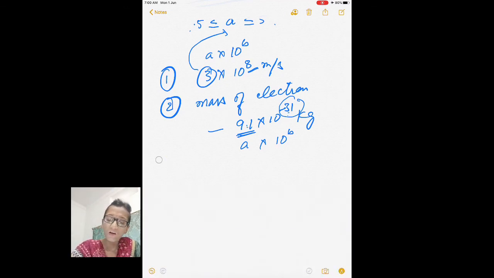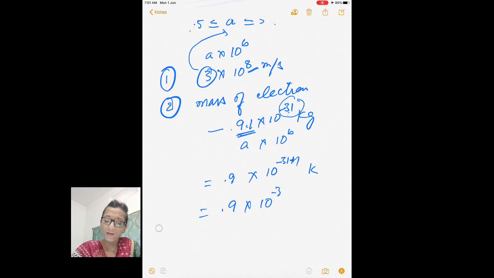Let me take the decimal to the left hand side. So when you reduce the number here by tens, you need to increase the power by 1. You brought the decimal to its left hand side, so you reduced the number by 10 times, so I have increased its power by 1.